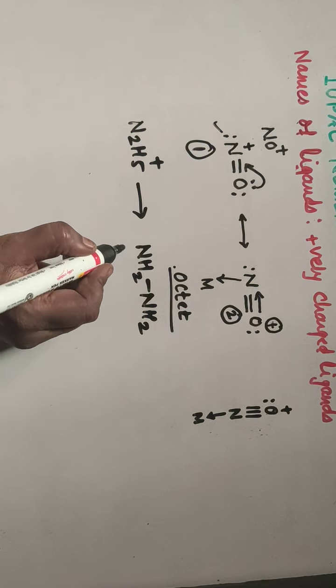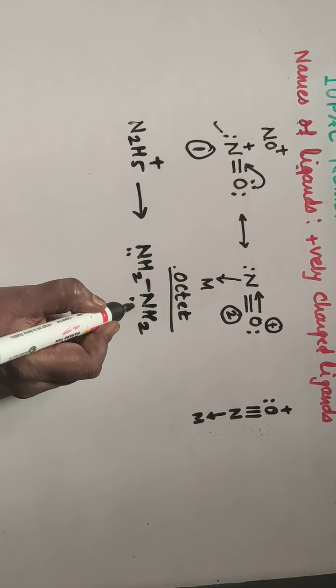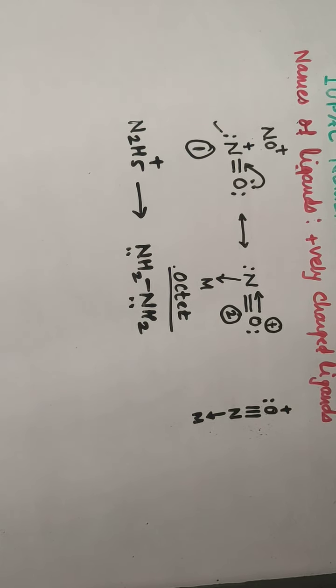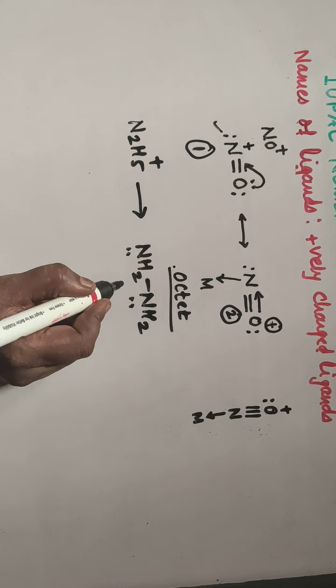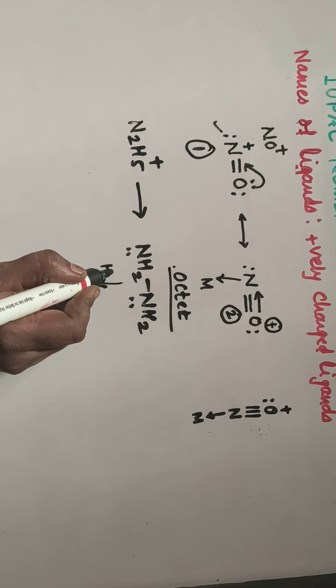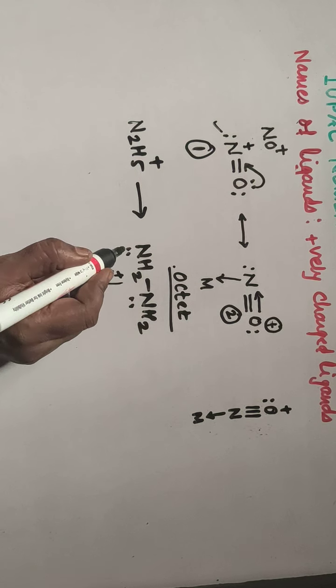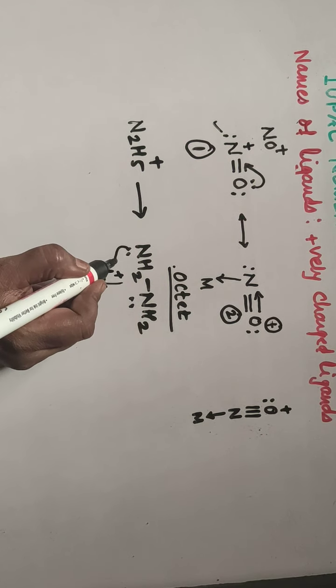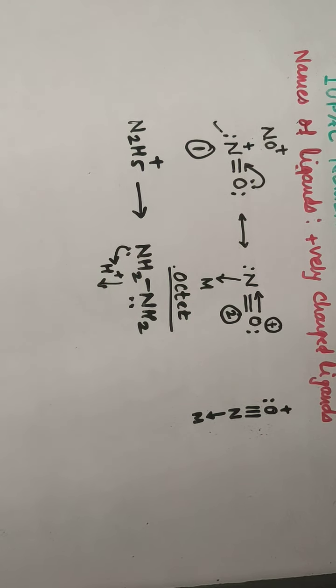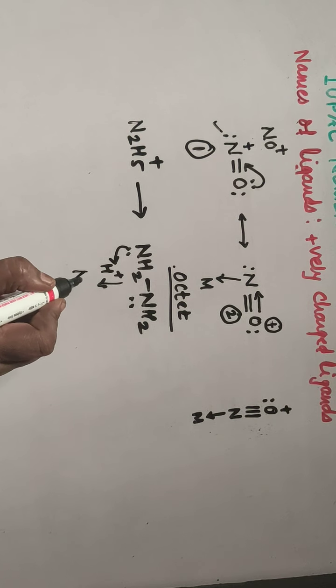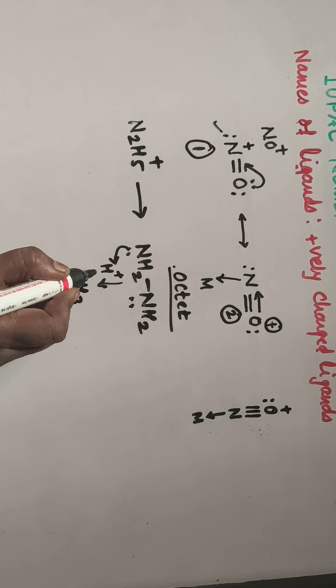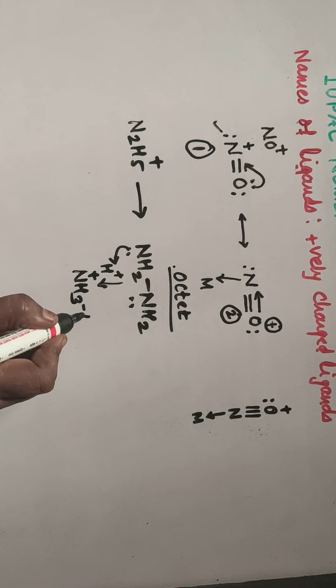Here both nitrogen atoms contain a lone pair of electrons. Hydrazine, when it takes H+ ions, suppose the first nitrogen accepts a proton, then there is a formation of NH3+ NH2.